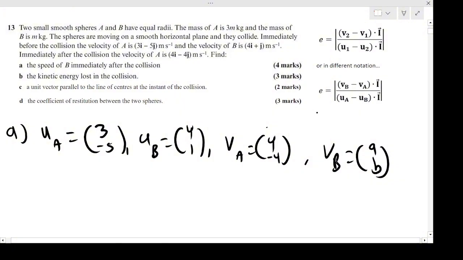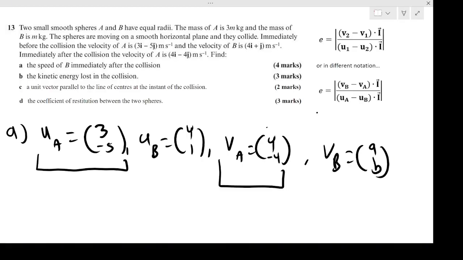So it's not parallel to I or J, okay, the line of centers, right? They don't tell me, okay, so that's one dead giveaway. If they don't tell you it's parallel to I or parallel to J, that's one giveaway that you can't just use what we did before, okay. The other giveaway is, because we're given the before and after velocity for A, if it was parallel to I or J, one of the components must remain the same, right?